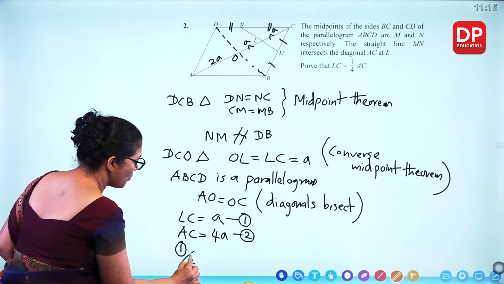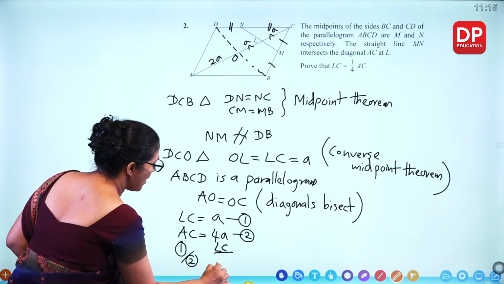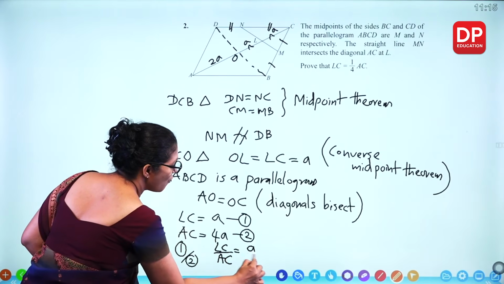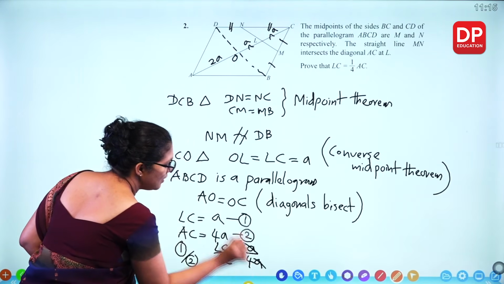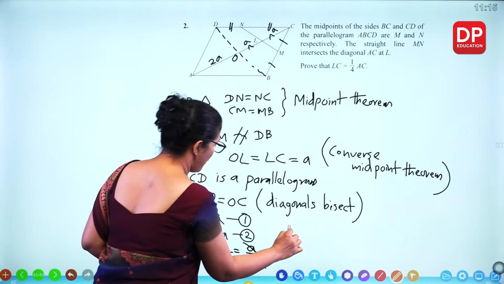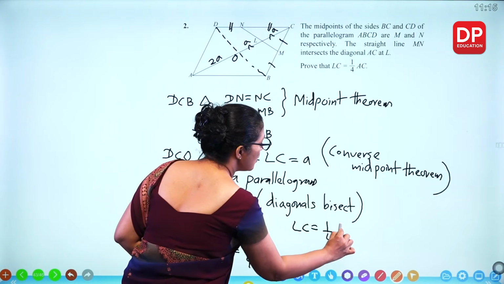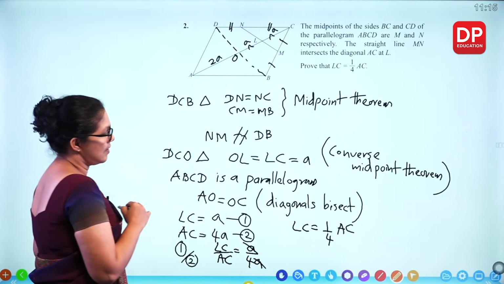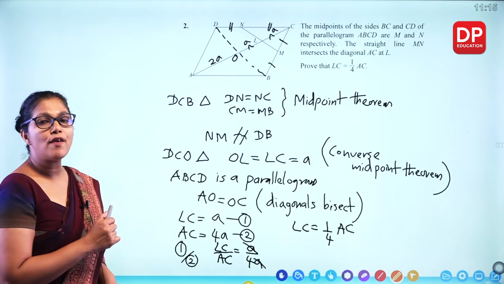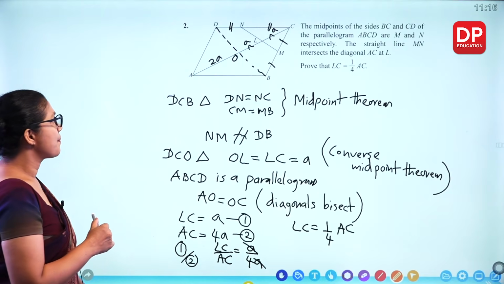LC divided by AC is A over 4A. A gets cancelled out. We can write LC is 1/4 of AC. So we can say LC is 1/4 of AC.